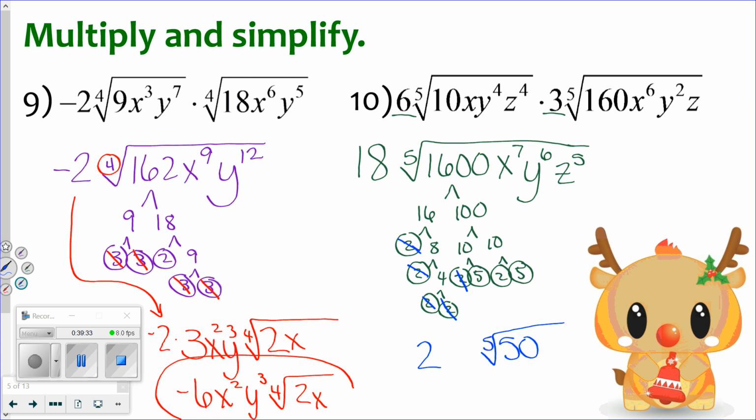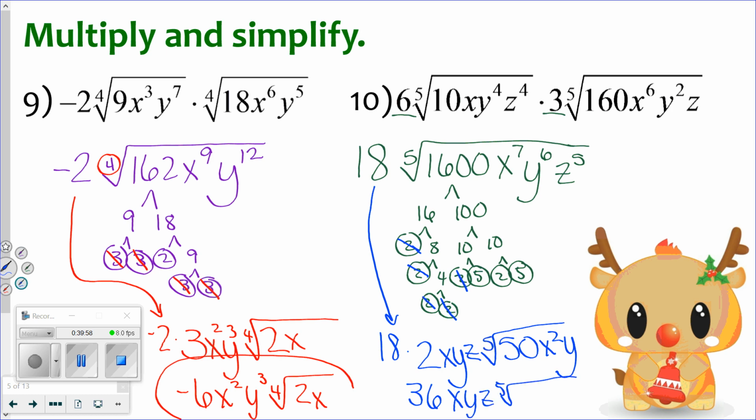How many groups of 5 from the x's? 1 group with how many left over? 2 left. Groups of 5 from the y's? Leftovers? Groups of 5 from the z's? Leftovers? No. And then just don't forget this comes down. 18 x, y, z times the 5th root, don't lose that little index, of 50x squared y. And we're done.